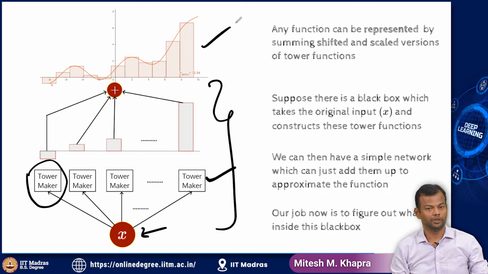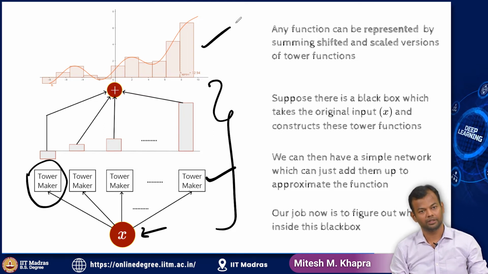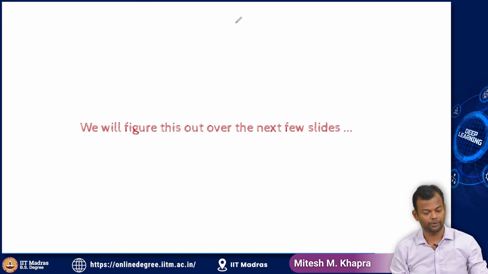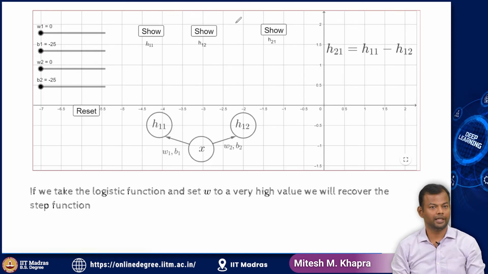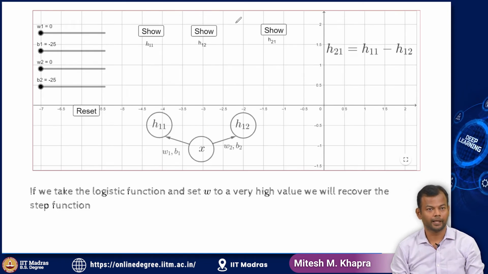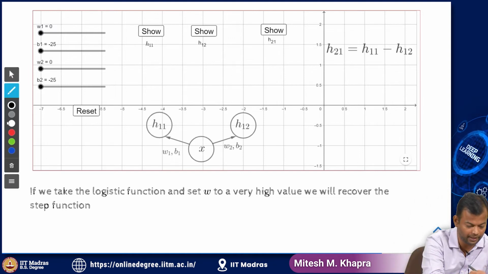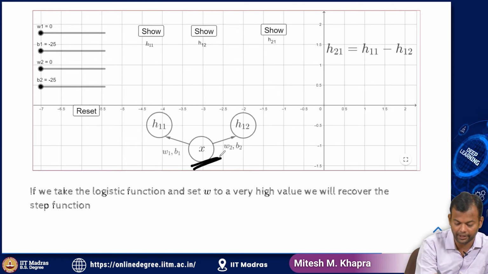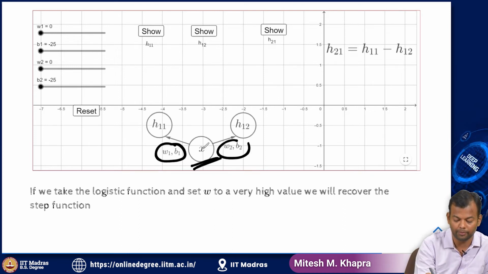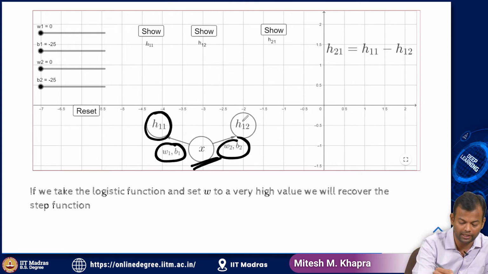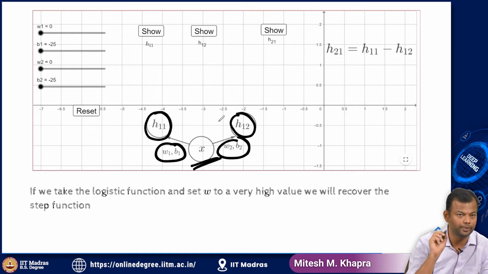So our job now is to figure out what this tower maker black box is. Let's start. I have an input x. Let me just explain what is obvious here. I have the input x, and I have two sets of parameters, w1, b1, w2, b2. These two neurons that I have drawn here are going to be sigmoid neurons.